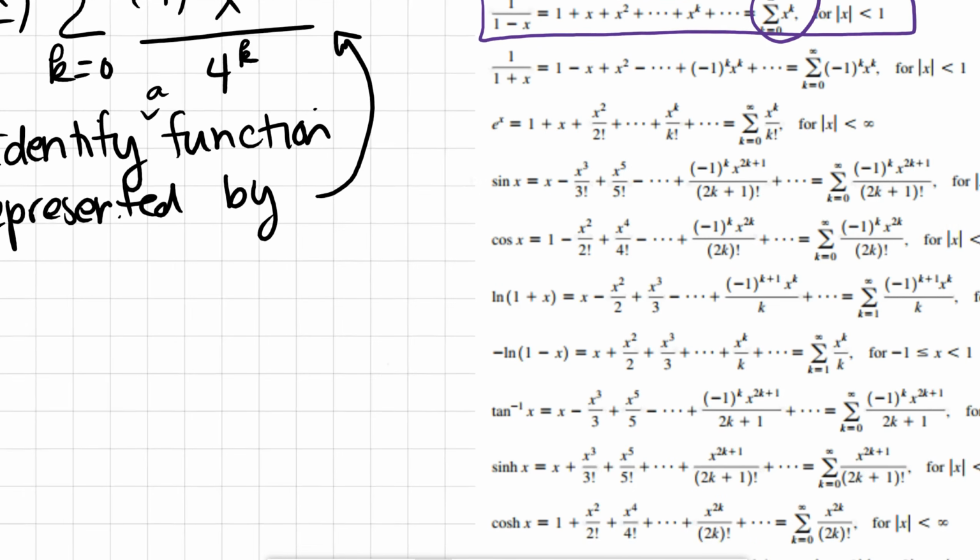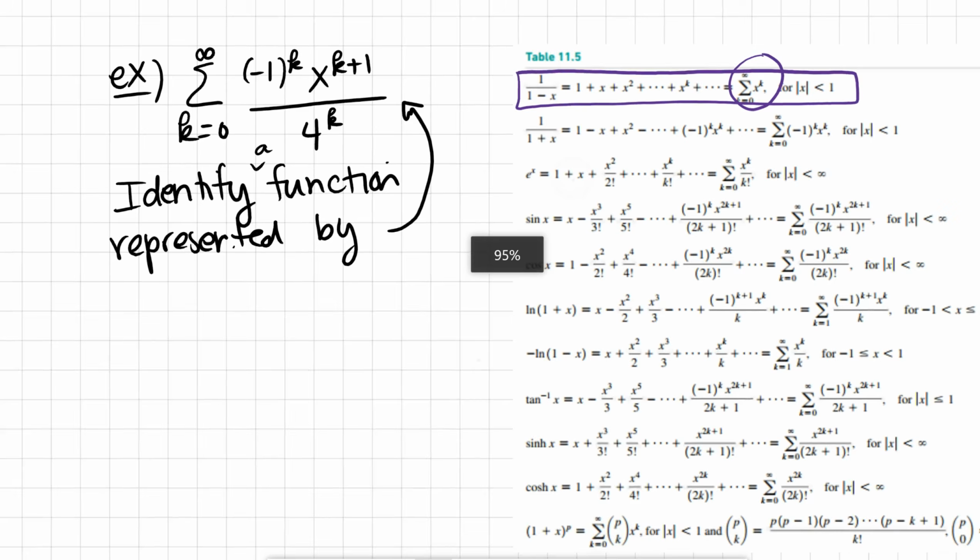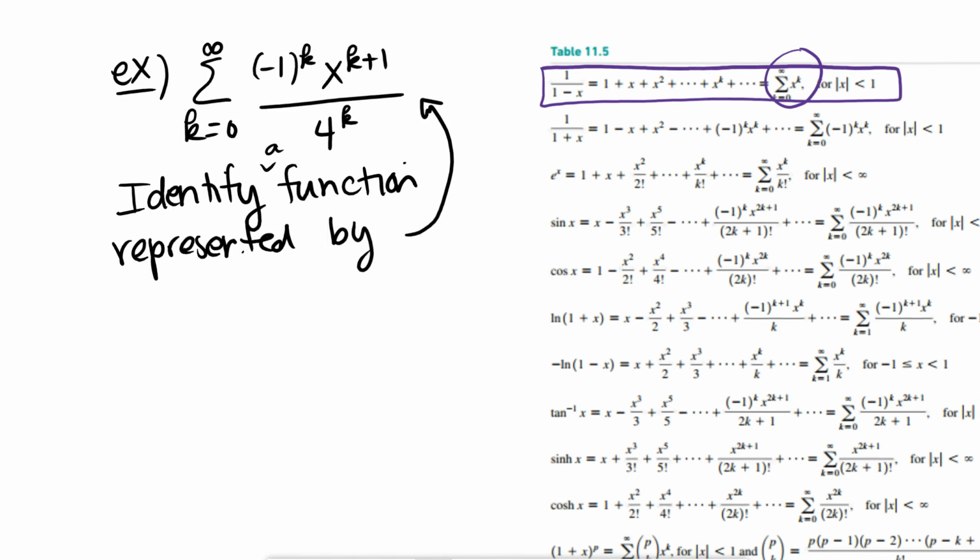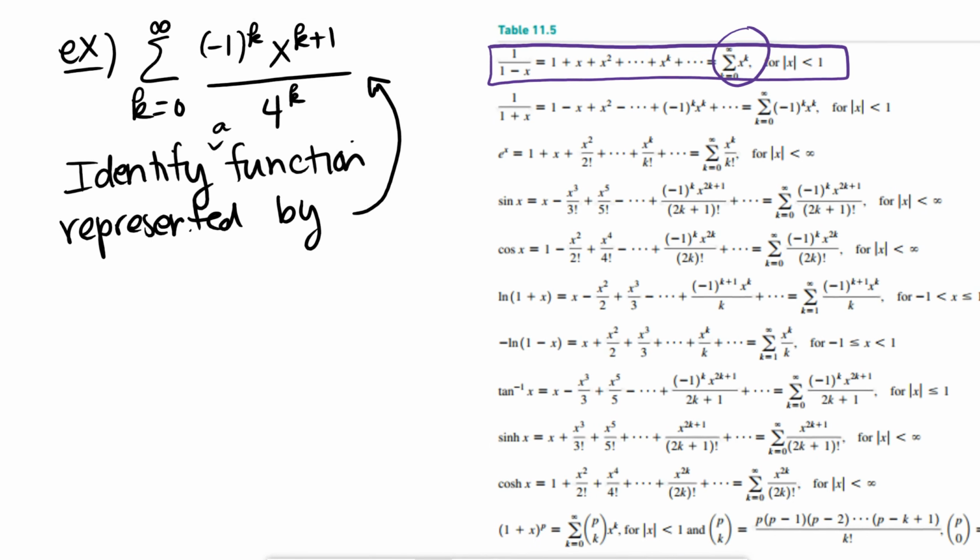So my goal is to identify one of the Taylor series that I'm going to try and get it to look like. So somehow I believe that this power series right here is going to be represented by basically 1 over 1 minus x, but with that x just messed with a little bit. Okay, so let's see what I can do with this.